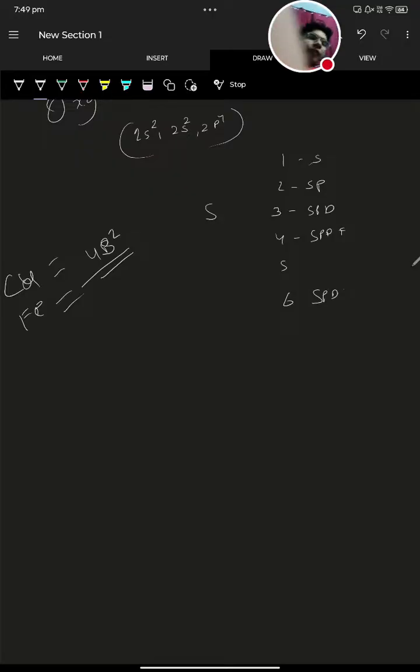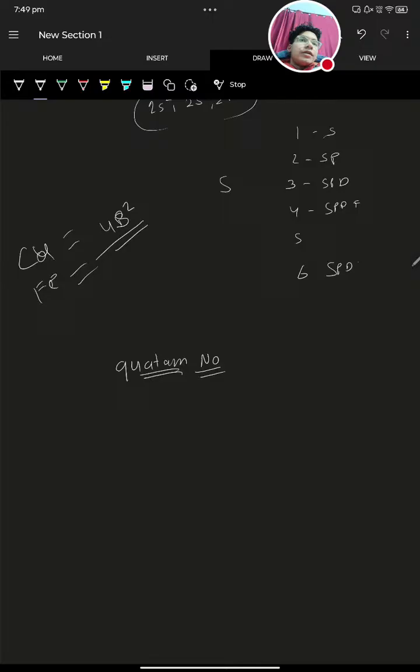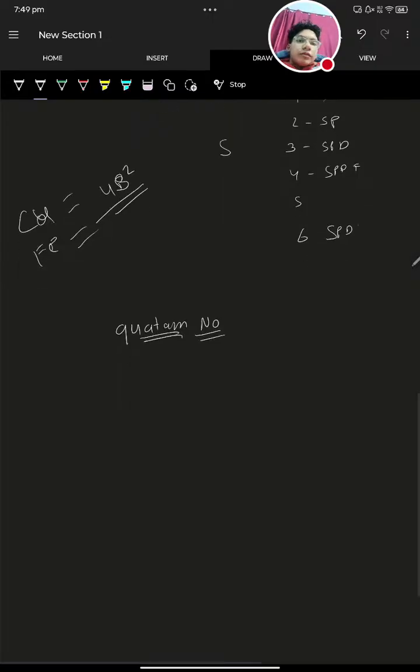So if they ask about this whole thing, it is quantum number. Specifically, if they ask if this kind of value is possible, first of all it is a number, how many numbers are there, like supposedly 5 is there. So now you have to do n minus 1 on this.